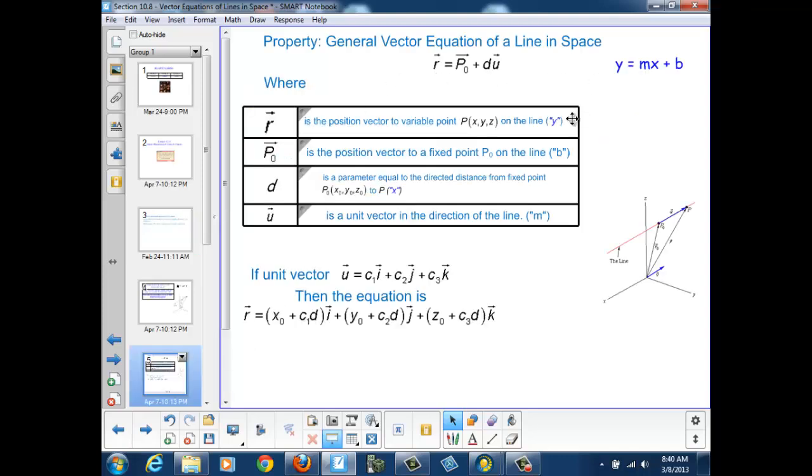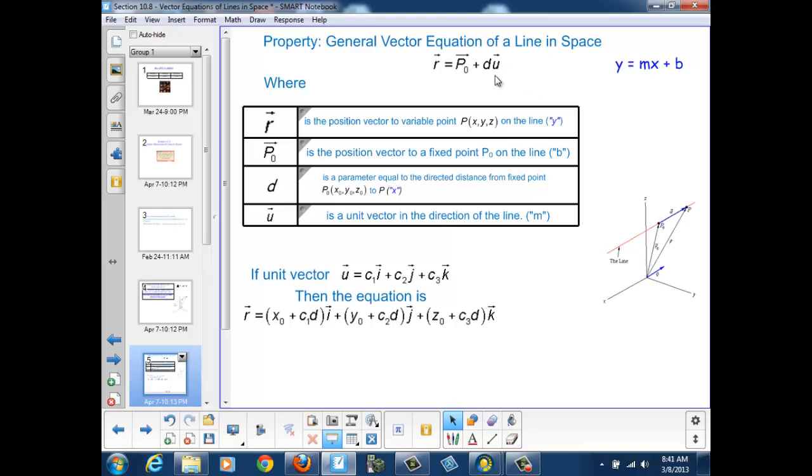Well, R is our y value. P0 is our fixed point on the line, so it corresponds to the b in our y equals mx plus b equation. D is the directed distance, so that's the same as our x variable. D is our variable in the vector equation. X is our variable in the linear equation.